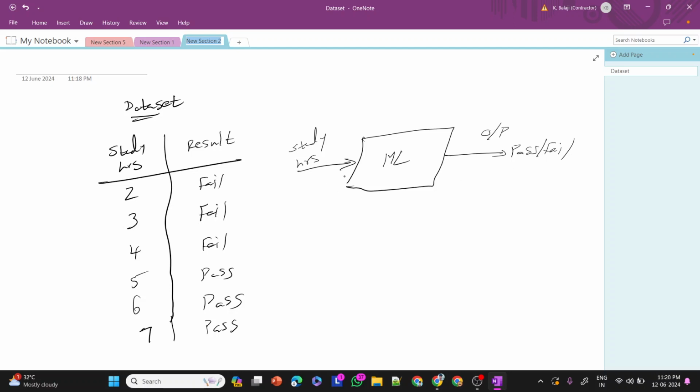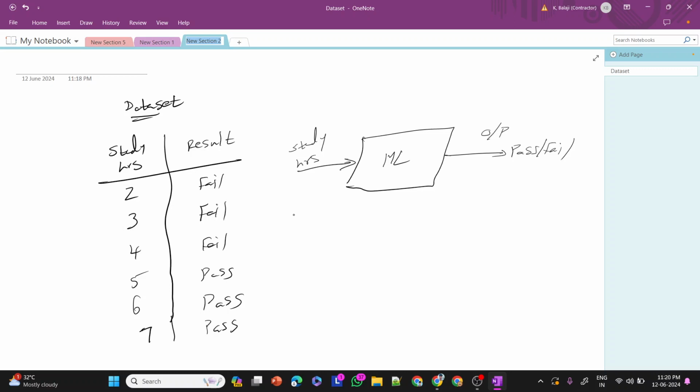To do this, we are using logistic regression, because here the output is categorical, not in a regression format. Whether the student will pass or fail, there are two categories. Because there are only two states in this output, this problem is called a binary classification problem.